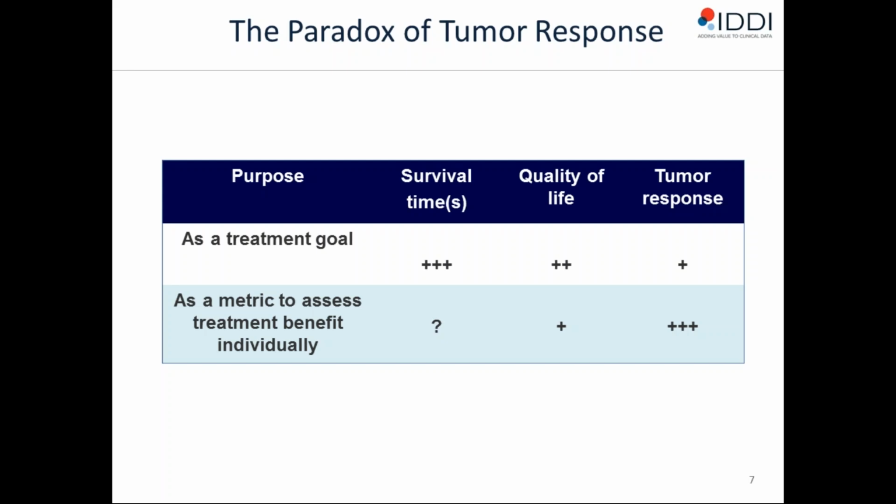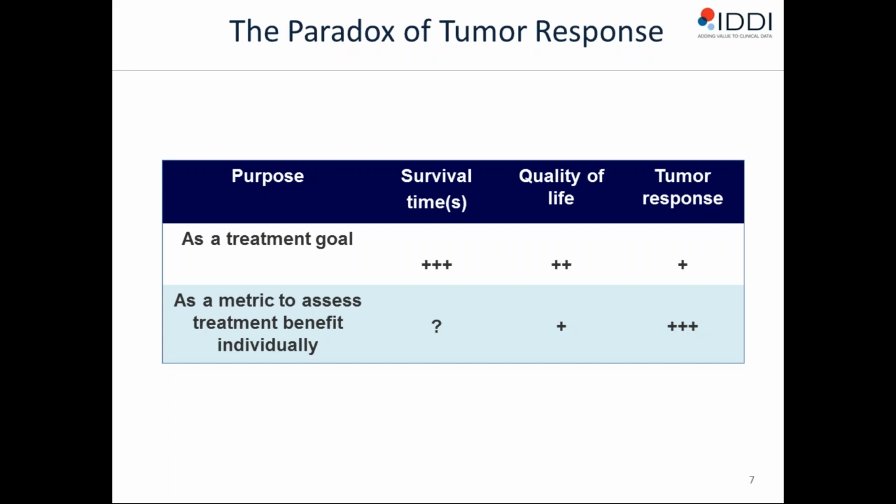Likewise, quality of life is not a very good indicator of treatment benefit, because it depends on treatment, but it also depends on other things that go on during anti-cancer therapy. And so the causal association between treatment and benefit in quality of life is not always very clear. And this is where the paradox comes in.